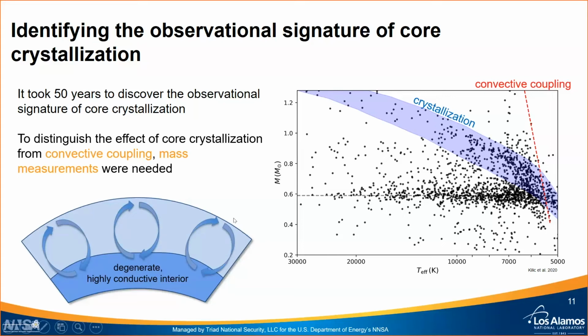So the surface temperature will cool down more slowly for some time while you're getting this excess energy out of the star. So since we don't want to bother with convective coupling and really be able to study crystallization in isolation, we had to look at massive white dwarfs.